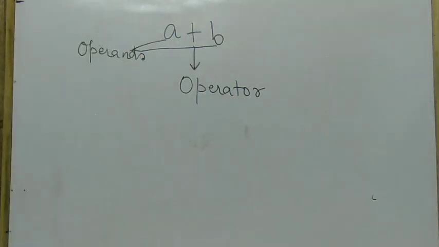So the symbol is called the operator and the values are called operands, which help us in the operations and which contain the value.